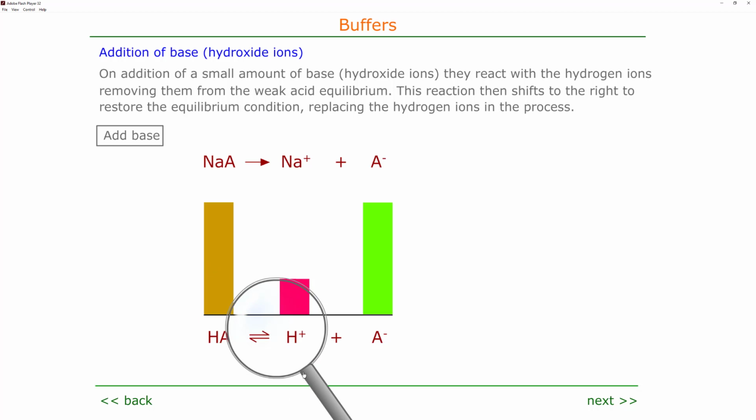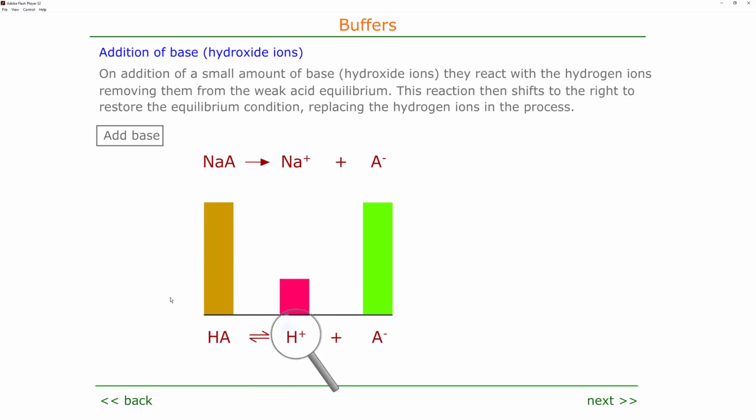Now, when they do that, they will remove the hydrogen ions from this equilibrium. They appear in this equilibrium at the bottom, so it gets disturbed. What happens to an equilibrium when it's disturbed? Well, it produces more hydrogen ions by dissociating more of the HA, more of the ethanoic acid. And as we've got a large reservoir of ethanoic acid, we can do that very easily.